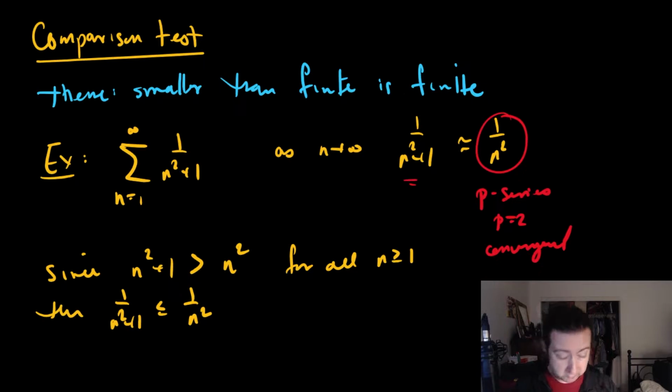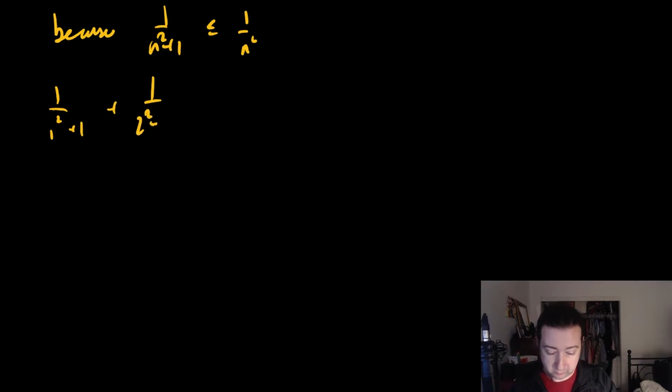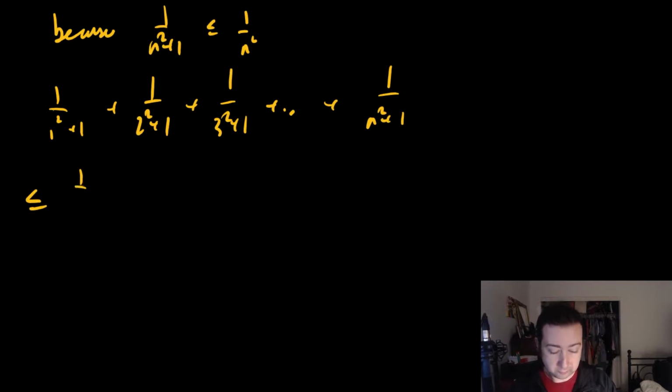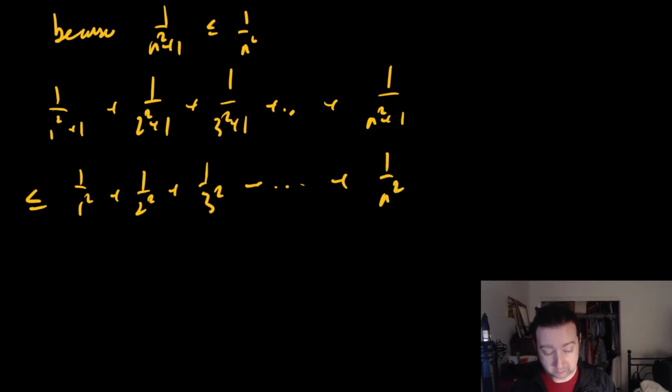So what I'm saying is that because 1 over n squared plus 1 is less than or equal to 1 over n squared, it also must be the case that 1 over 1 squared plus 1, plus 1 over 2 squared plus 1, plus 1 over 3 squared plus 1, and so on up to 1 over n squared plus 1, must be less than or equal to 1 over 1 squared plus 1 over 2 squared plus 1 over 3 squared up to 1 over n squared.